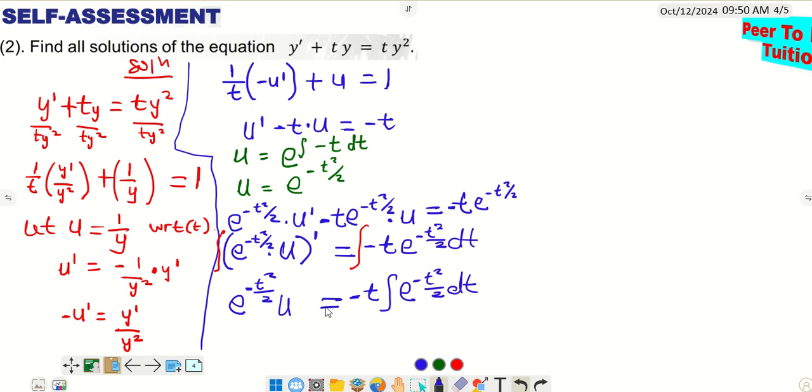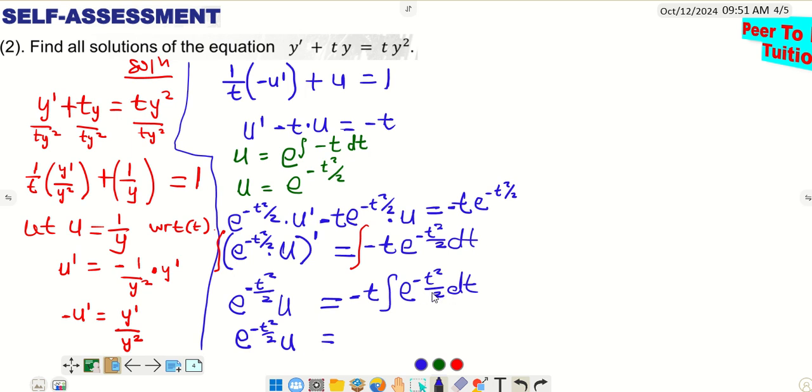Now we can do this using the u substitution, but I'll solve it straightforward. So I'll get e^(-t²/2) u should be equal to, first of all, I have to integrate the exponent here. No, the first thing is to differentiate. Rather, you have to differentiate the exponent. If I differentiate the exponent, I'll get negative 2t over 2.